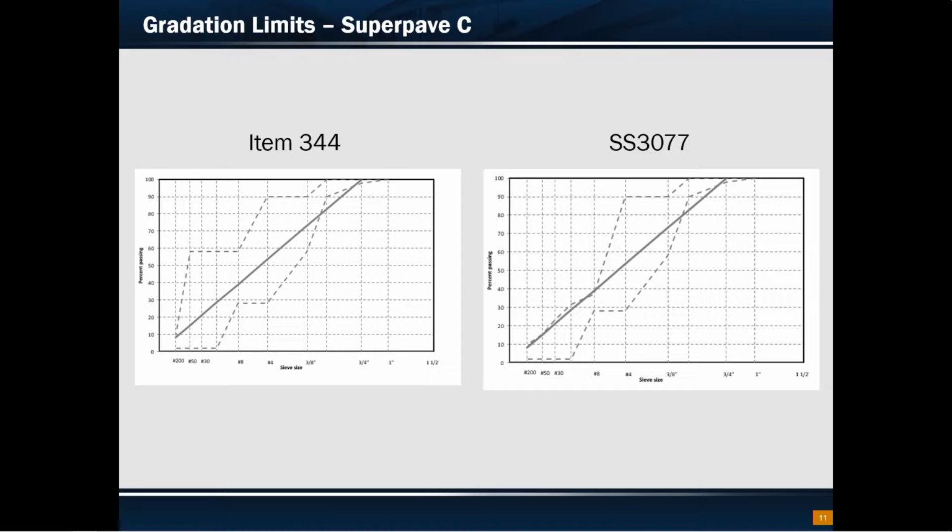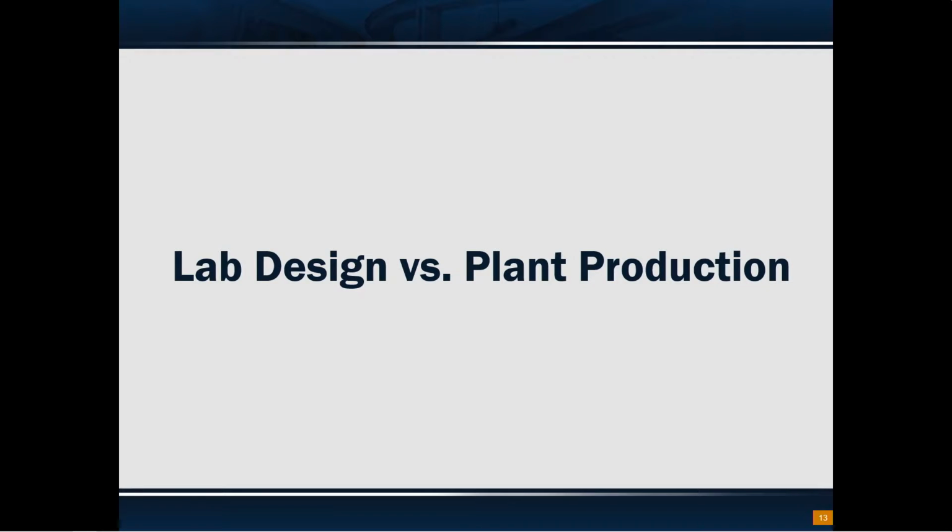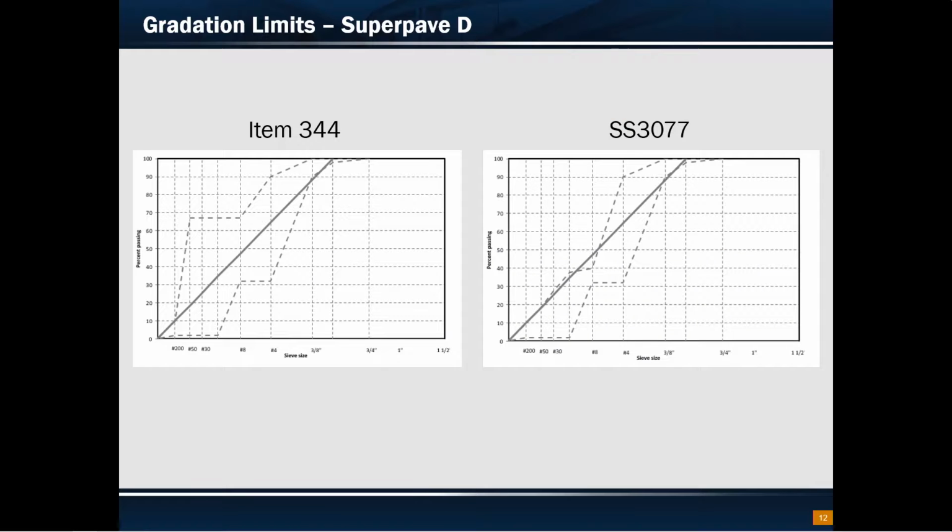Okay, good deal. And then the last one, if you go up one, Jim. I'm sorry. This is our Superpave D mixtures. Again, in the specification it says do not design above the reference zone, and we also necked down the number 8 sieve. So your master gradation limits on that number 8 for your Superpave D mixtures are 32 to 40.